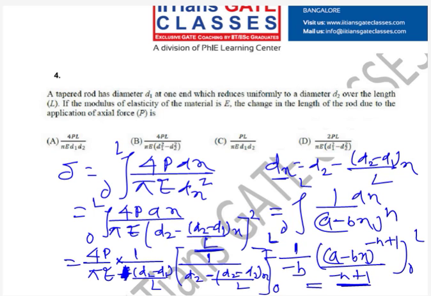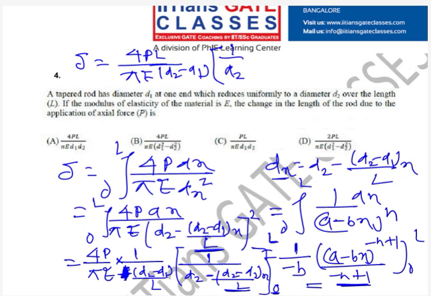So what will I get further? If I write my delta, it is 4P upon pi E, upon d2 minus d1. It will become 4PL, I have taken L in the numerator. Now I will apply the limit. When I apply 0, this whole term will become 0, so I'll only get 1 upon d2.